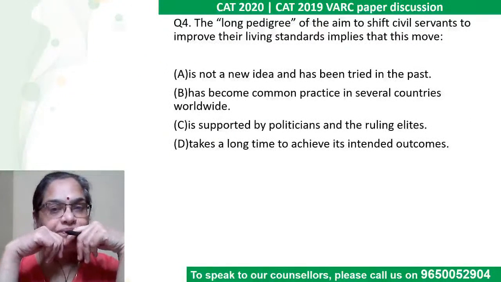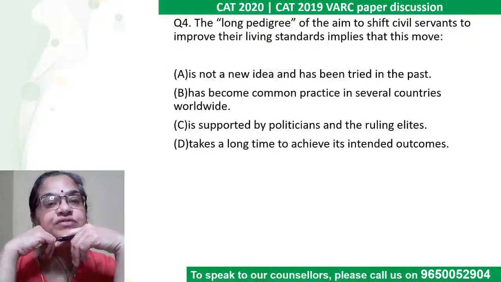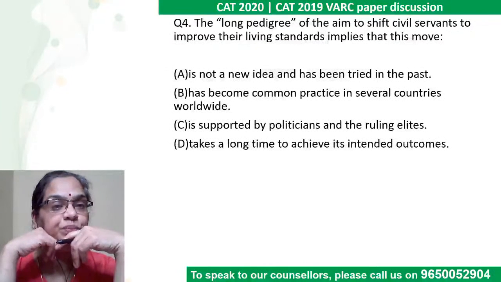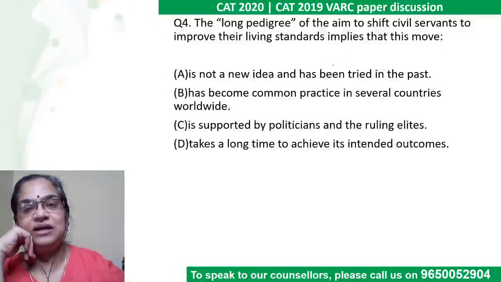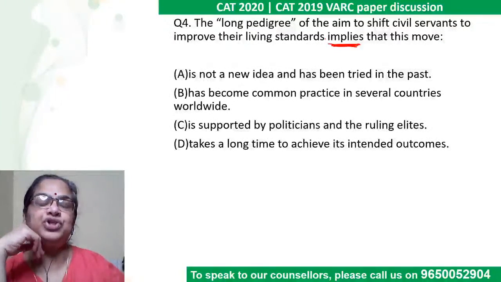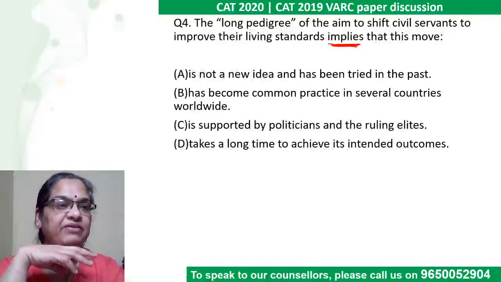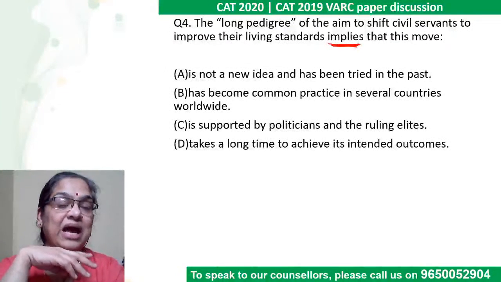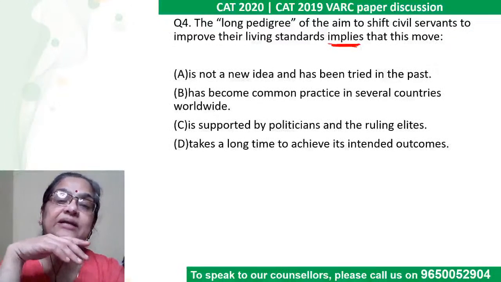Question 4. The long pedigree of the aim to shift civil service servants to improve their living standards implies, this is an indirect imply question. He says this aim to shift civil servants to improve their living standards, good afternoon Prasanna, has a long pedigree. What does that mean?